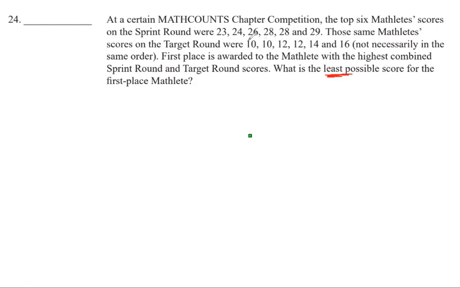So if I want to do such a thing, you probably want to choose the highest score from sprint with some of the lowest from the target. Let's say I combine these two, so you will get 29 and 10. That is 39. So there might be a score of 39.